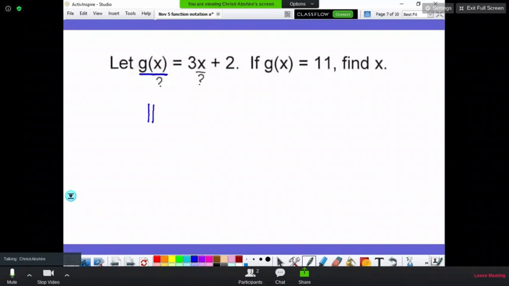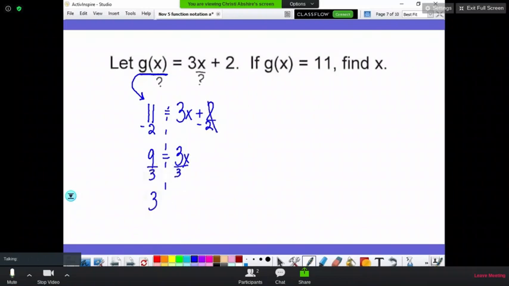So I'm replacing g of x with 11, and then I'm going to recopy the rest of my function rule, or my equation, and then solve it like a normal two-step problem. Subtract 2 on both sides. Divide by 3 on both sides. The question told me to find x, and that is what I ended on. I ended on what x equals.